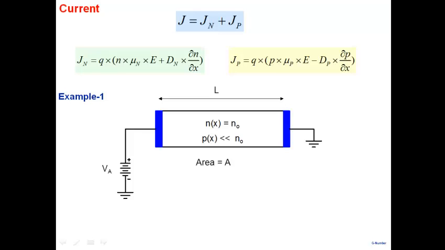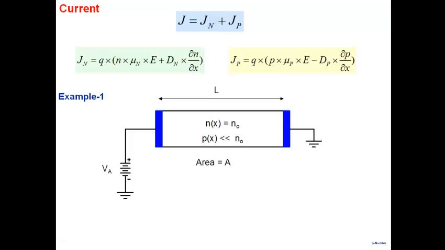So I have two metals, and then I have a wire. I've connected it to ground here, and to the wire here we've applied a voltage VA. A stands for applied voltage. The length of my semiconductor is L, and let's say the area is A.